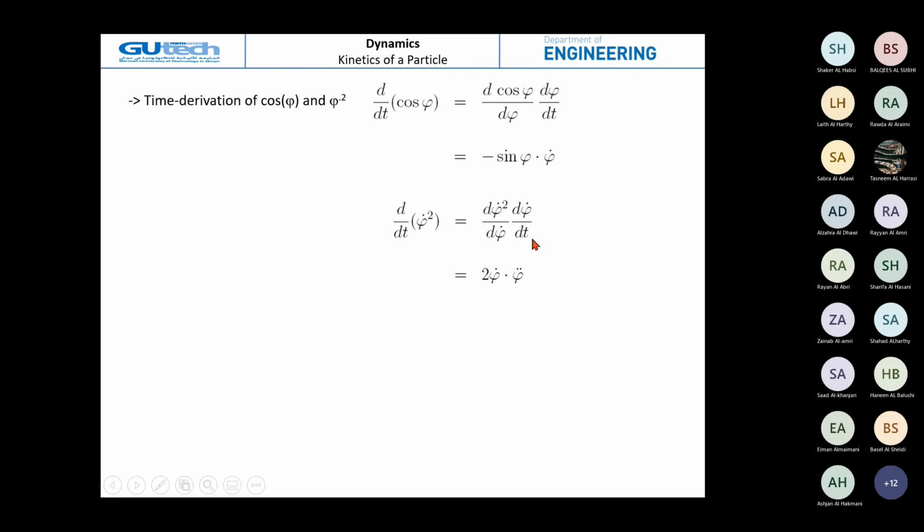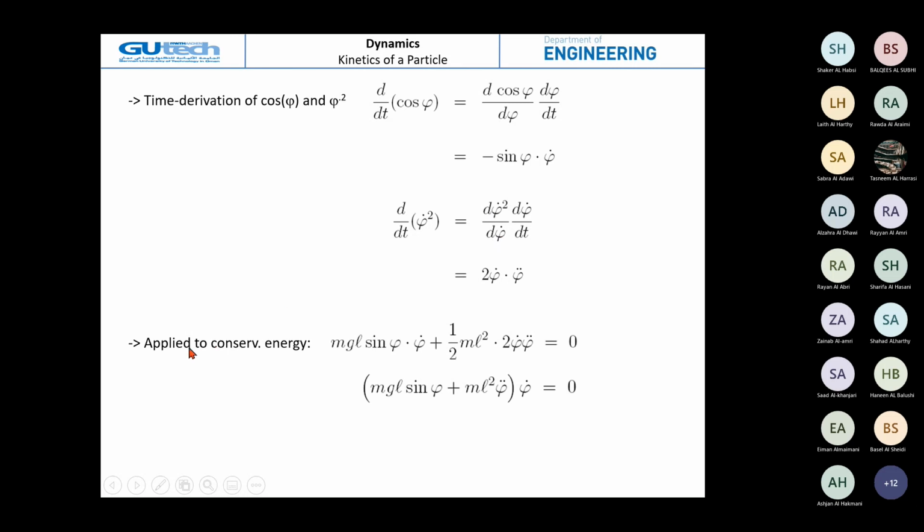Here this is the acceleration, phi double dot, and here it is 2 times phi dot, with respect to the variable phi dot.